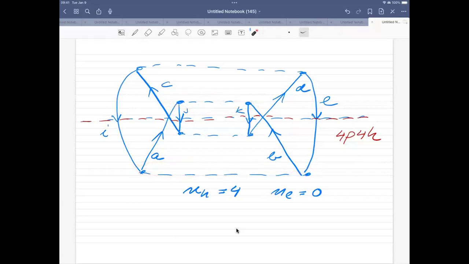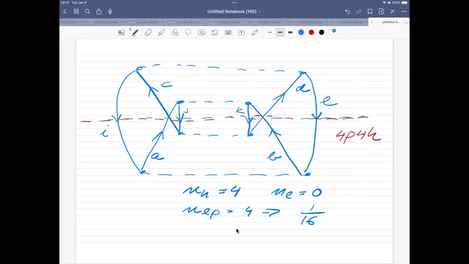Similarly, we have C and D here, which start at the same vertex and end at the same vertex. And finally, we have the hole pair J and K here, where they start at the same vertex and end at the same vertex. So in this particular case, we have n equivalent pairs equal to 4, and that gives rise to a factor 1 divided by 16.